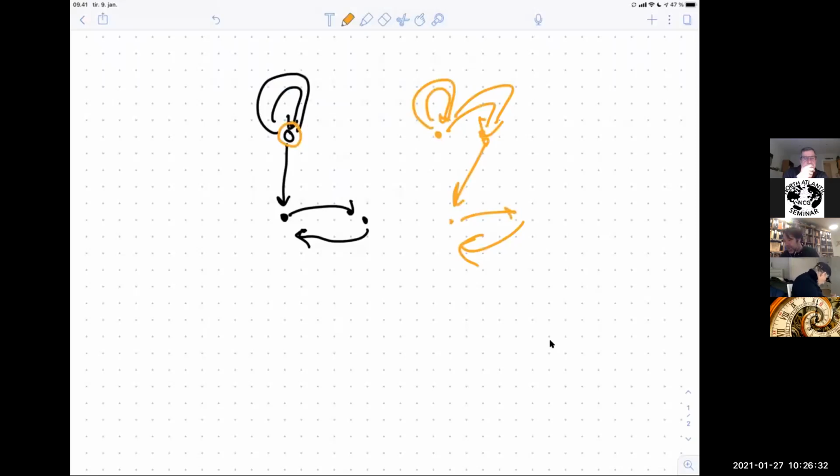So that's good. But why, when you duplicate these loops, do you go from left to right, not from right to left? What's the rule? So the rule is that I duplicate the incoming edges and I distribute the outgoing edges.